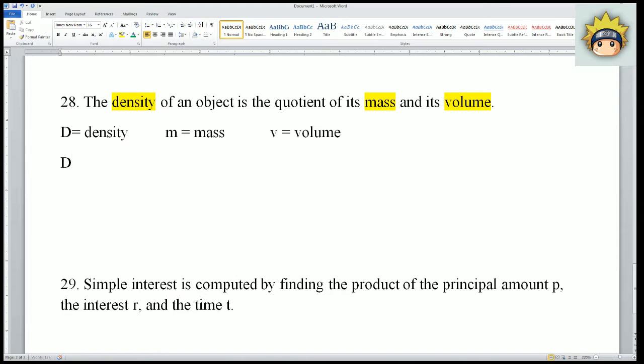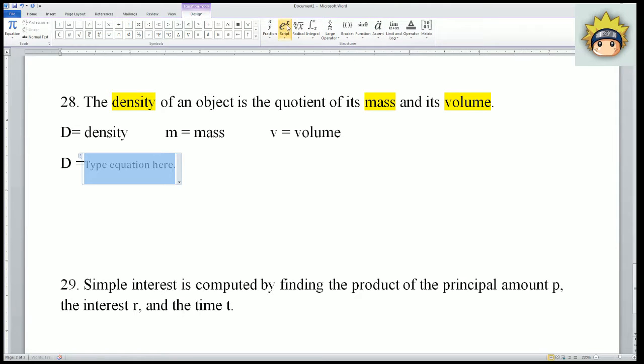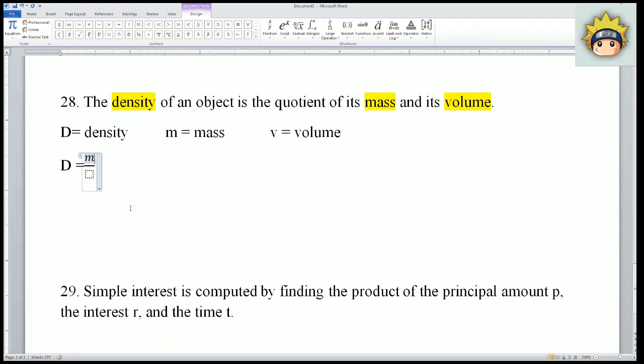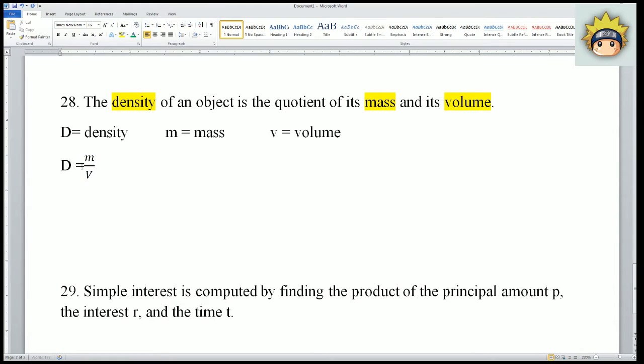Density is the quotient. Quotient is a division, of its mass. So M goes on top, and V goes on bottom for volume. There you go.